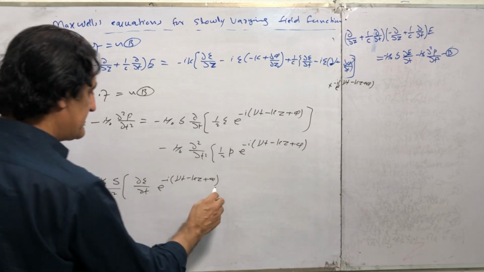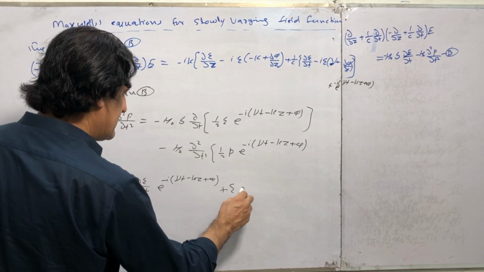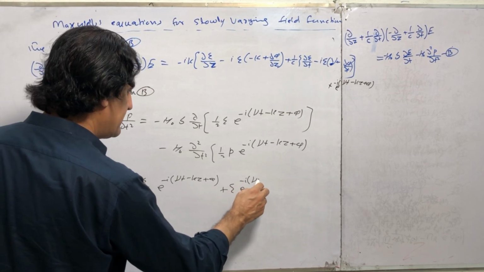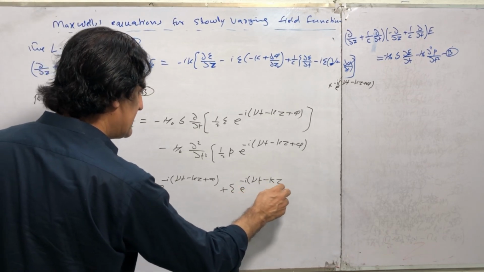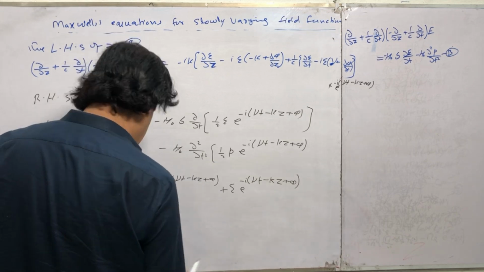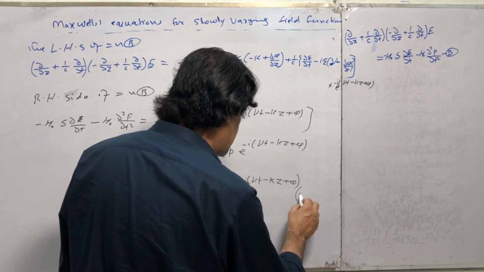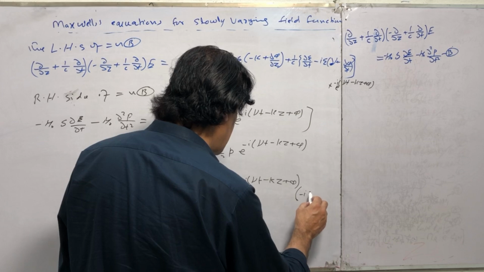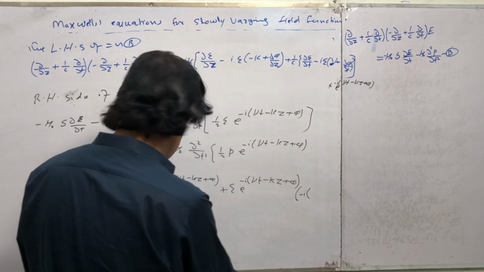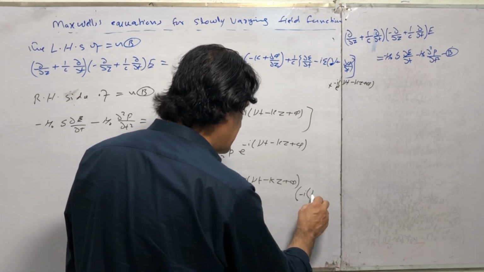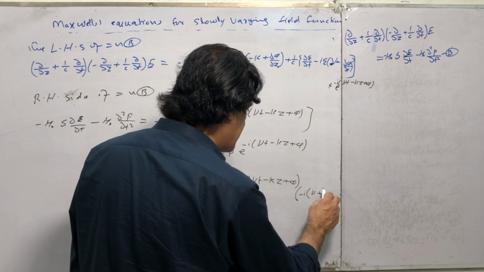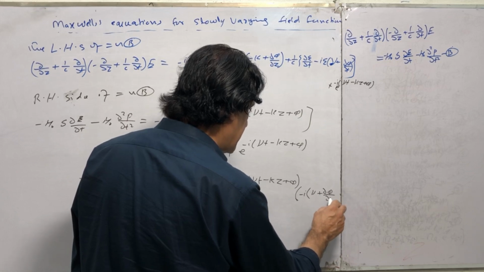This is the first term, and then e to the power minus iota nu t minus kz plus phi, and the exponential term as minus iota. This is with respect to t, so it means nu plus partial phi divided by partial t.